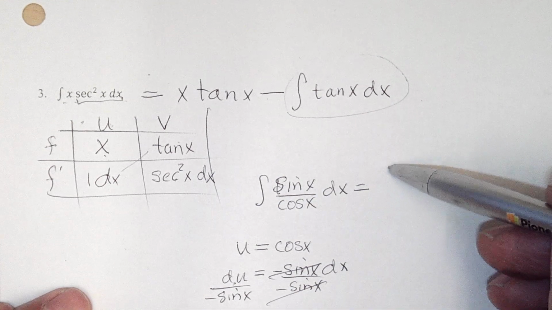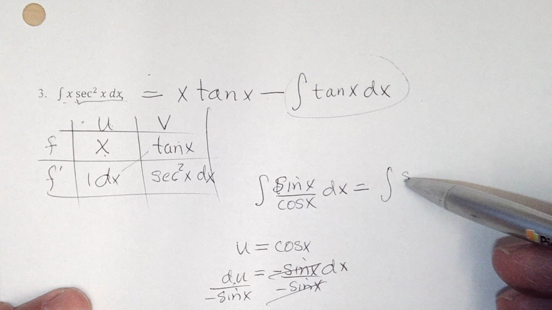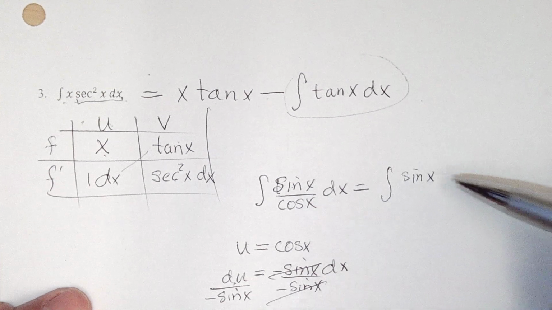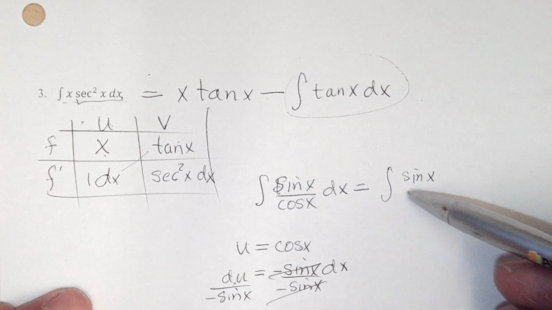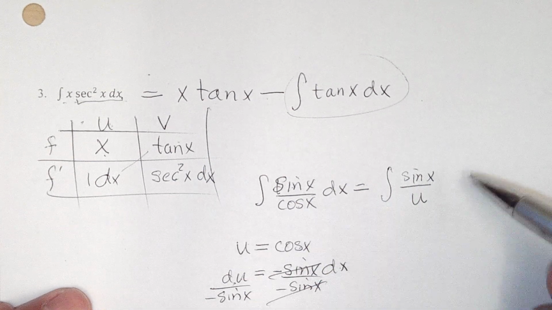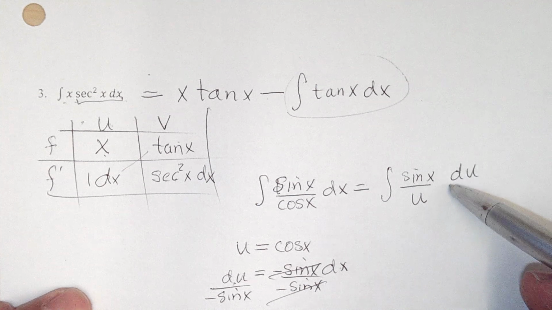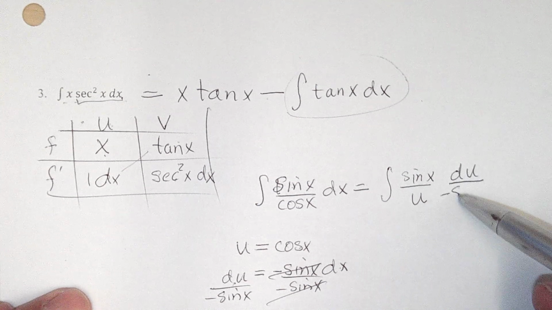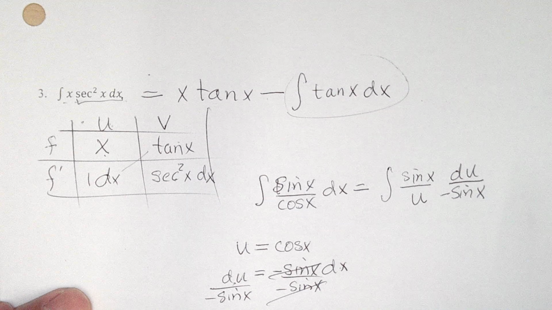It becomes the integral. We didn't have anything for the sine. The cosine we called u. The dx we found out was du over negative sine x.